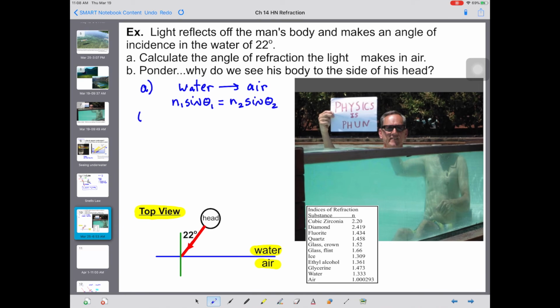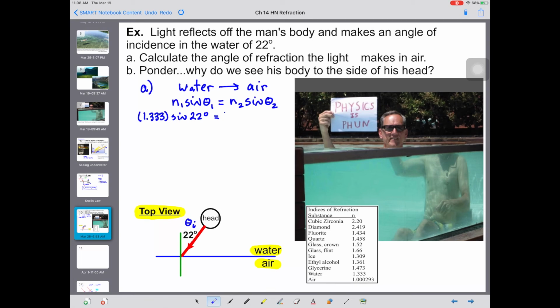So then we plug in values. N1, that would be the index of refraction of water. From your table down there at the bottom, that's 1.333. Sine, the angle made in water happens to be the angle of incidence, and that's 22 degrees. Sine of 22 degrees.